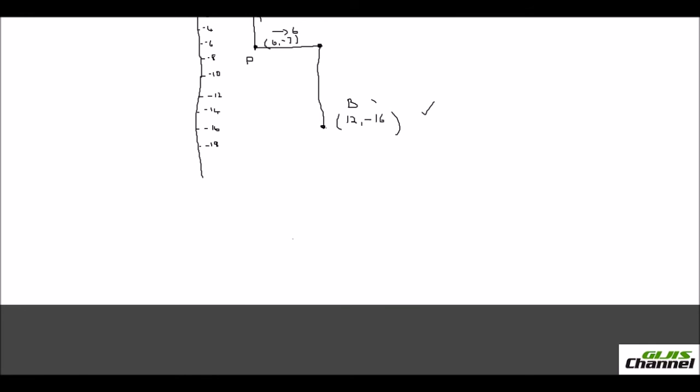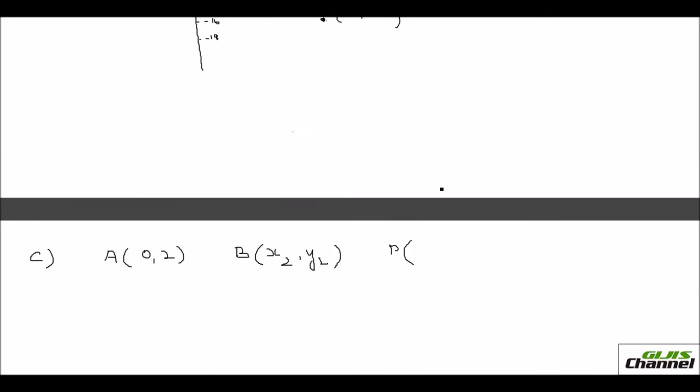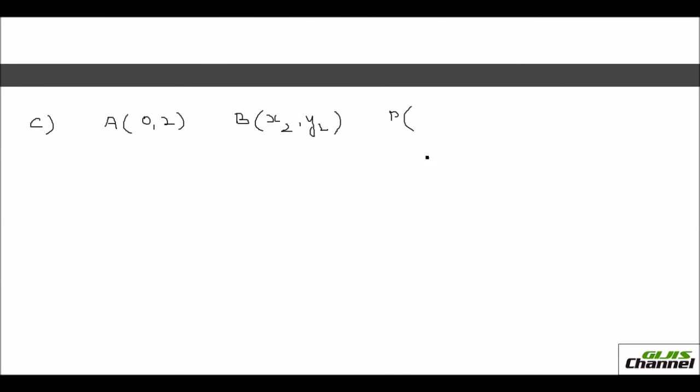And the safest method would be the formula method. Here I am going to apply the formula which we had learned for midpoints. Okay, let me write the values given. So A is given as 0, comma 2 and B is what you need to find out, that is x2 comma y2. Okay, I just take it as x2 comma y2 and the midpoint P is given as 6 comma negative 7.